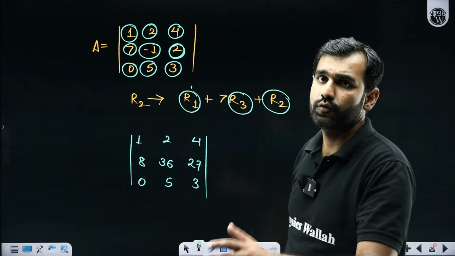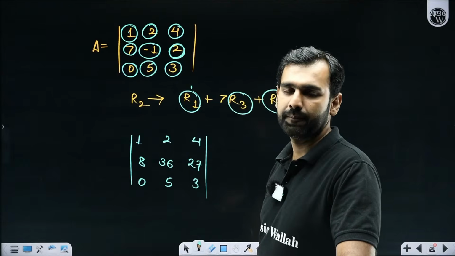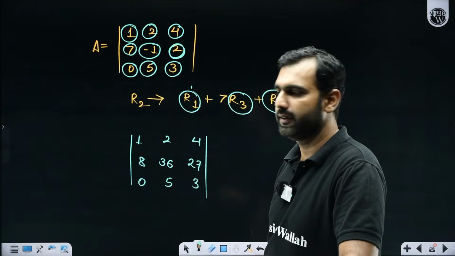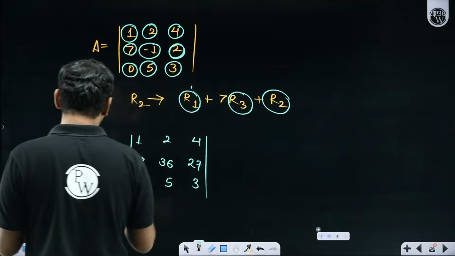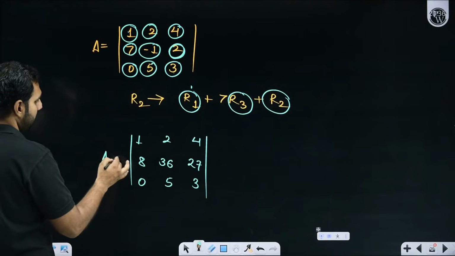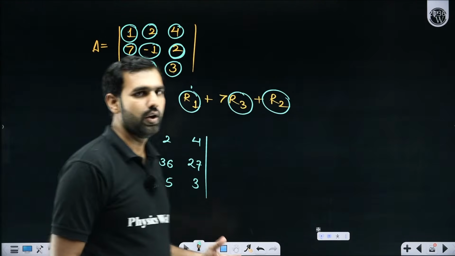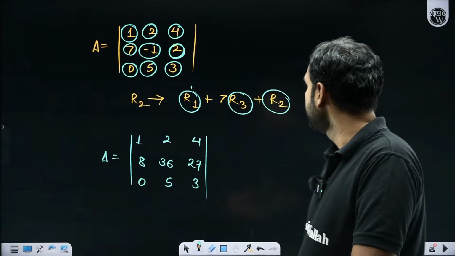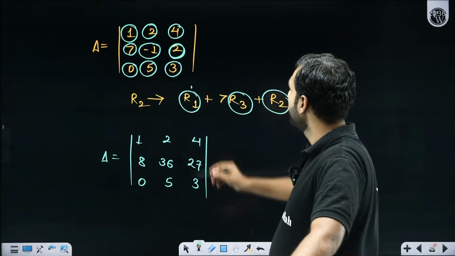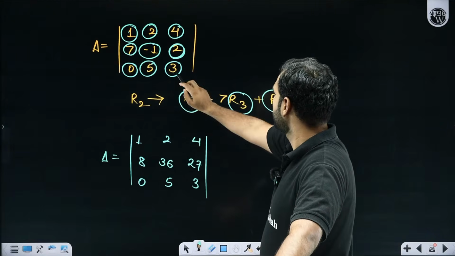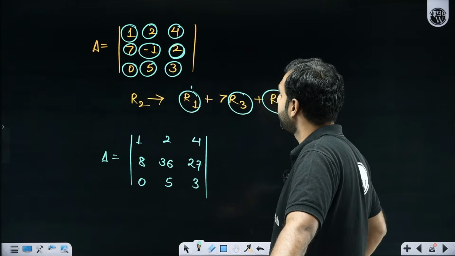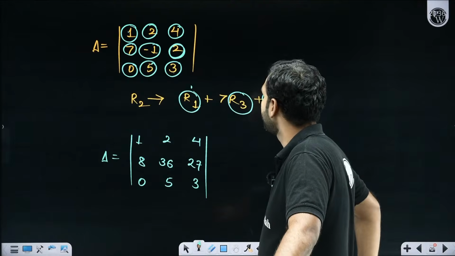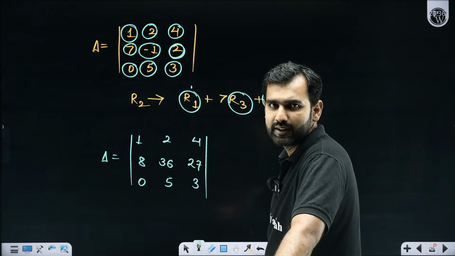What is the point or the need of doing it? I'll tell you a simple fact: even if I have done it, trust me and mark my words, this will still remain delta. Can you believe that? 8, 36, 27.